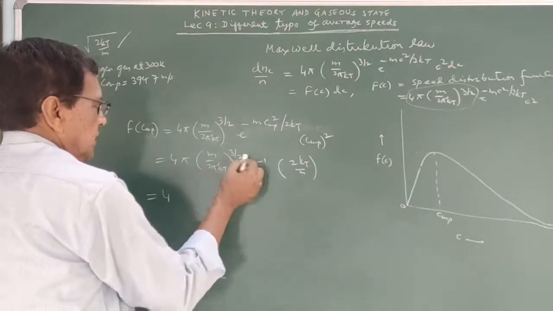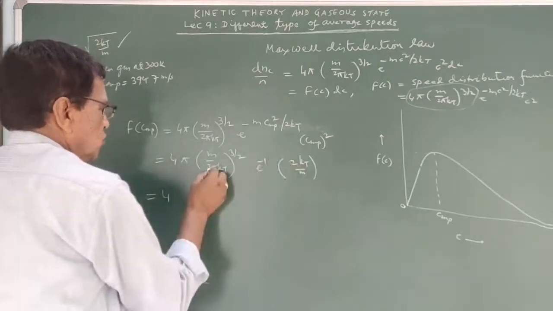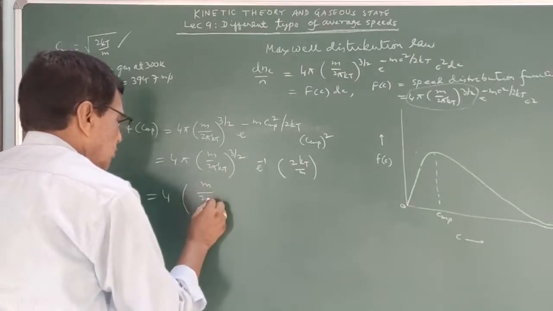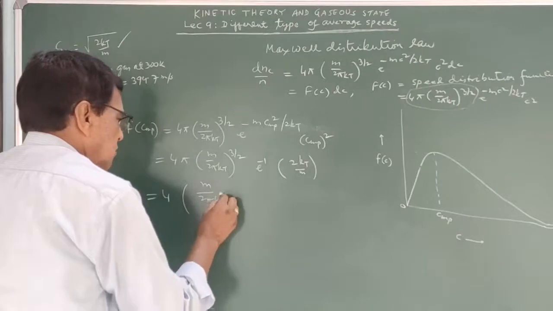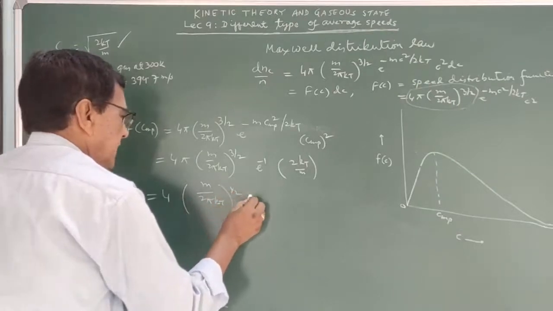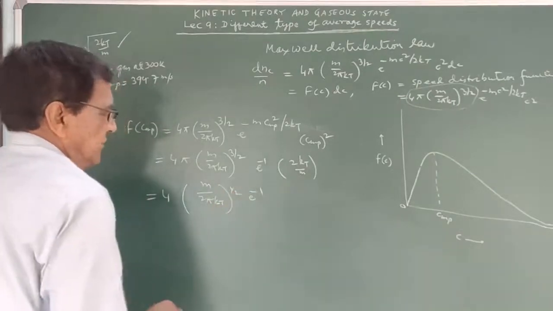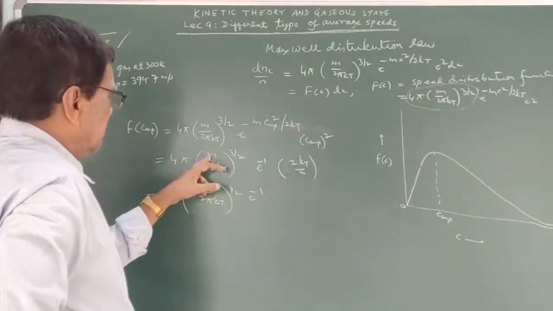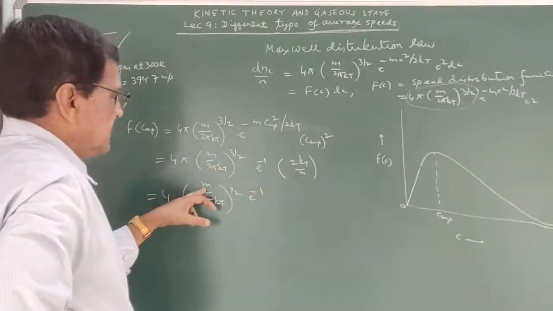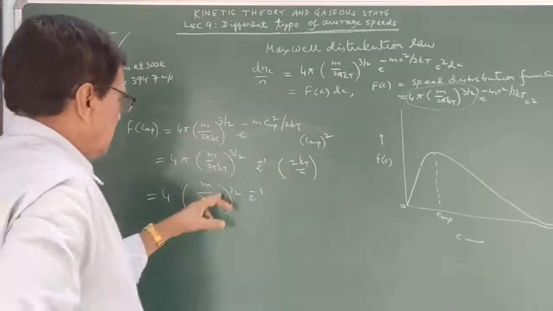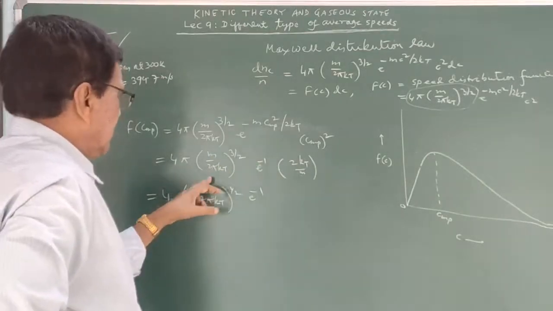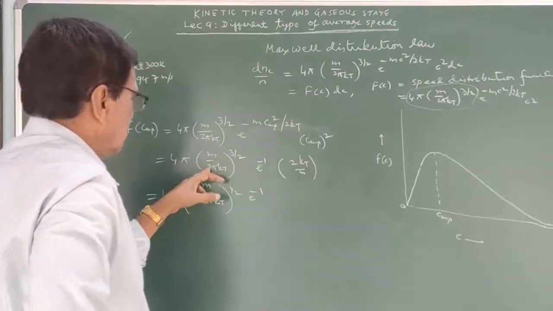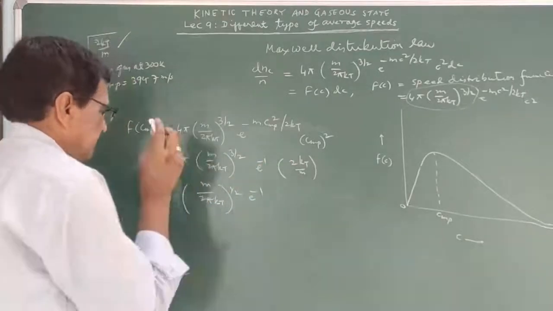So it becomes m by 2 pi kT to the power half and e to the power minus 1. Here m to the power 3 by 2, so one m is there, and one kT is there, and one 2 is there.